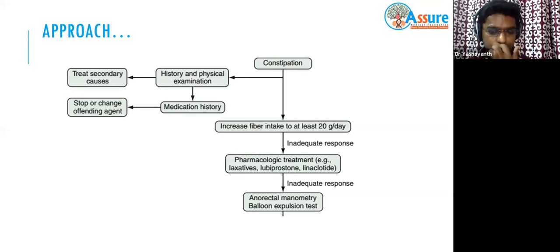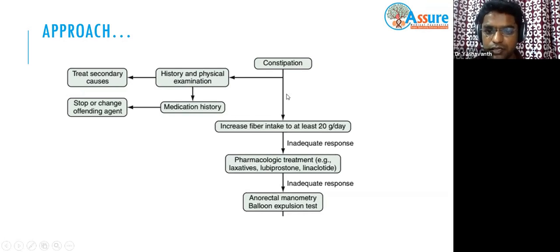So how do you approach a case of constipation? First, you have history and physical examination. If there is a secondary cause, you have to treat it. If it's mild, you can take a medical history. And if there is a drug which is precipitating it, you can stop or change the offending agent.